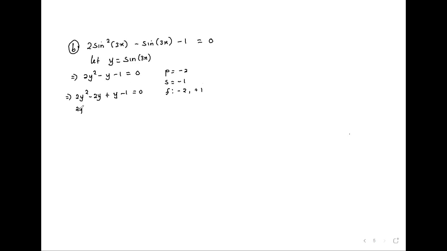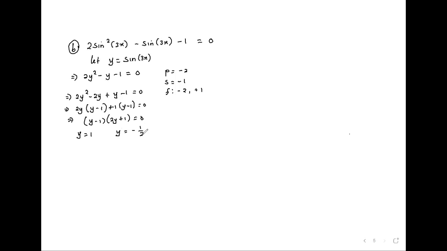And then we have 2y times y minus 1, and then plus 1 times y minus 1 is 0. So we have y minus 1 being multiplied by the other factor. So we get y equal to 1 or y equal to minus half.